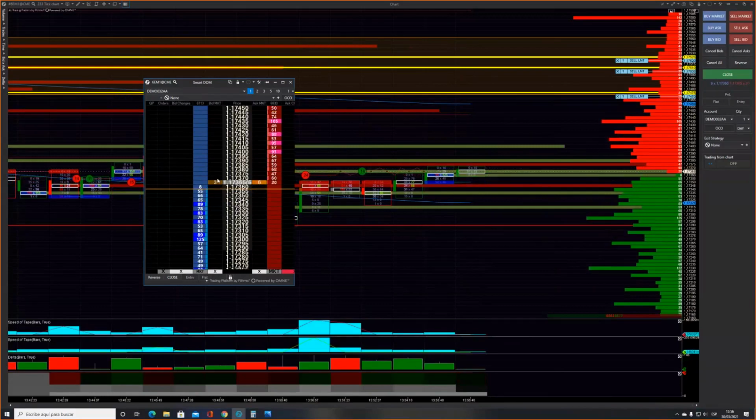So when somebody sells to these guys and takes the whole price ladder here, it will move the price down. That's how prices go up and down. It's all done by traders. That's how markets work, and that's order flow.